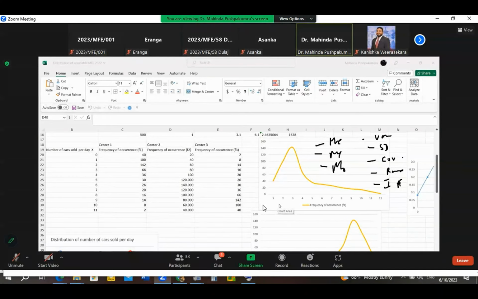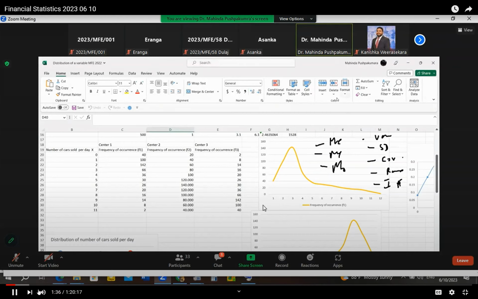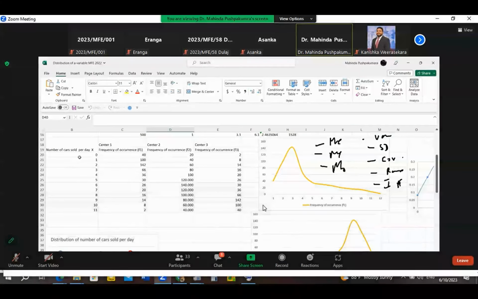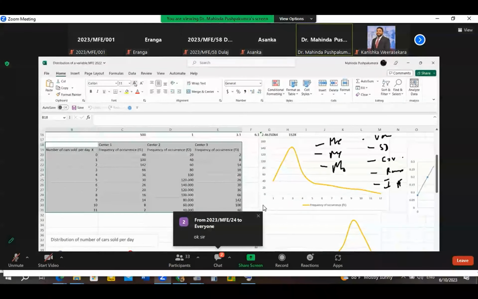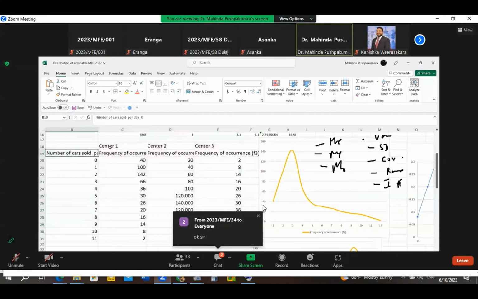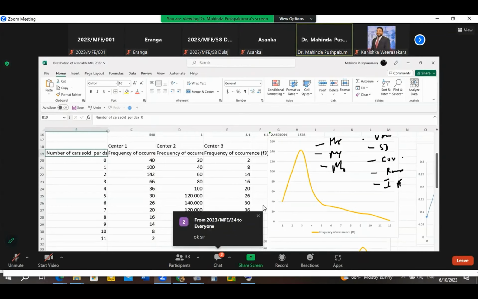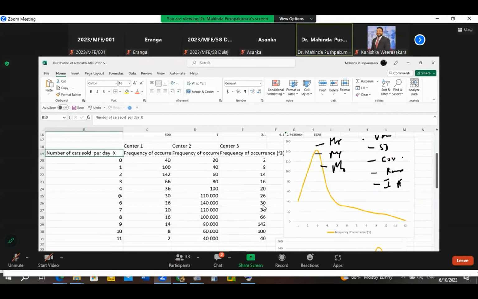Okay. Then today mainly I'm going to explain the concept of shape of the distribution. I can explain it with a very simple example. Now in the Excel sheet, you can see a data set. Let's say this is the number of cars sold per day.